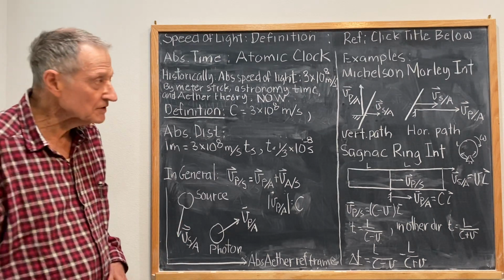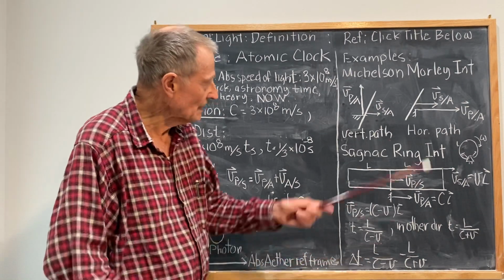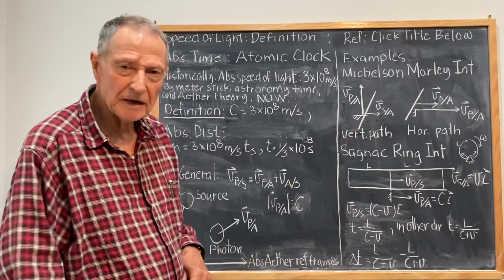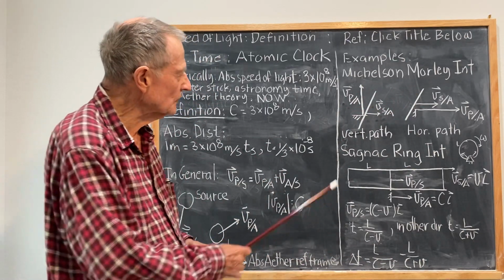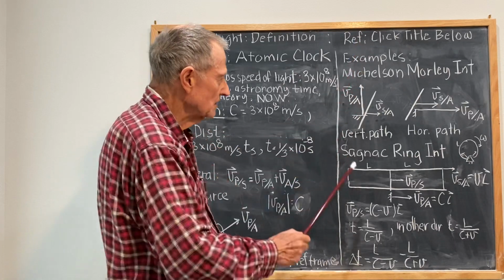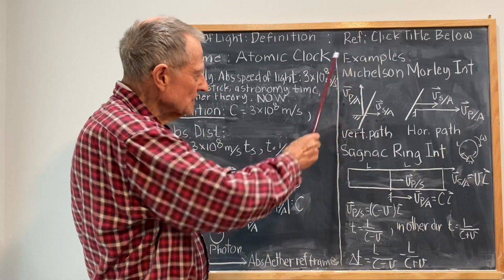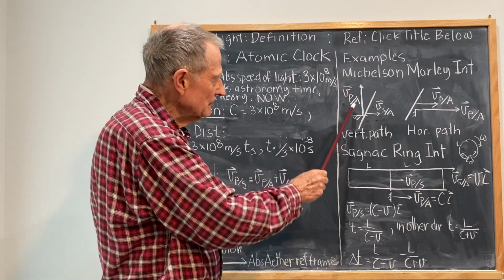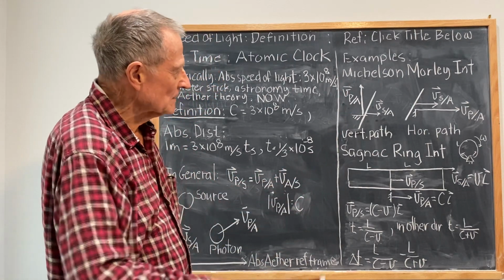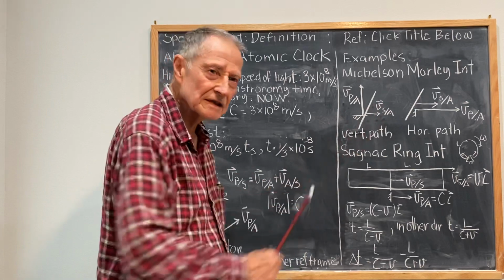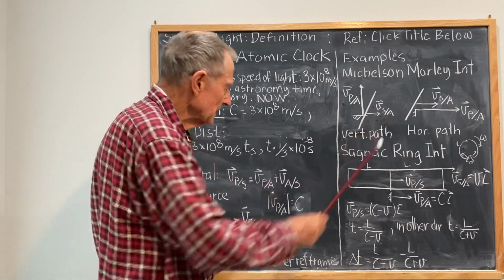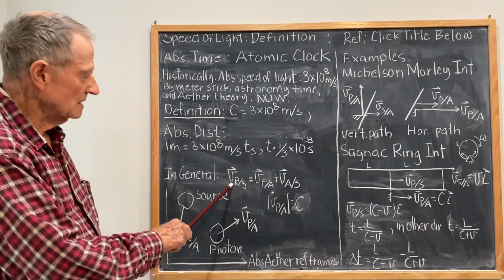As some examples, we have the Michelson-Morley interferometer, where for the vertical path, we have a mirror, we have the photon reflected vertically with an absolute velocity Vp with respect to A, and then we have the source velocity of the table, Vs with respect to A, and then this equation applies.